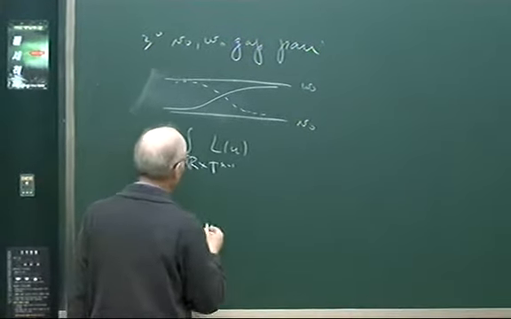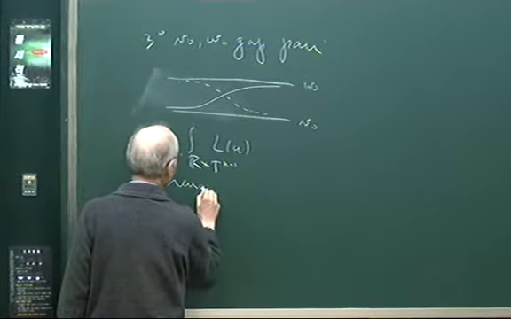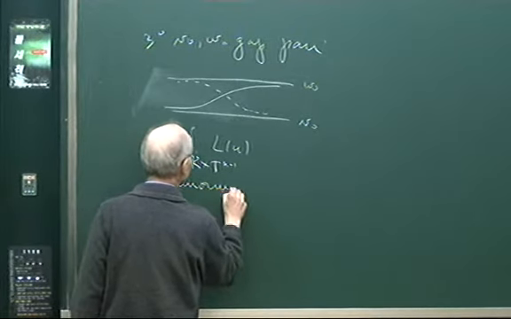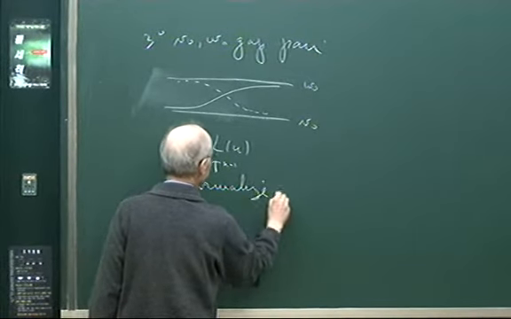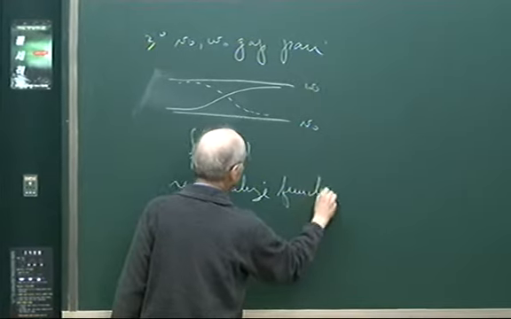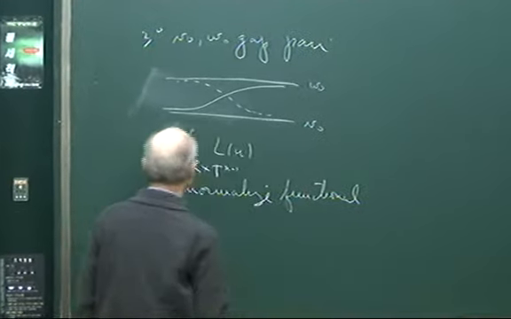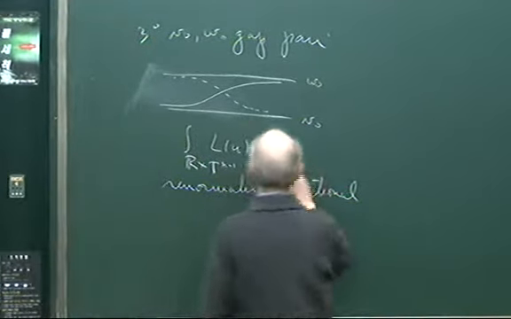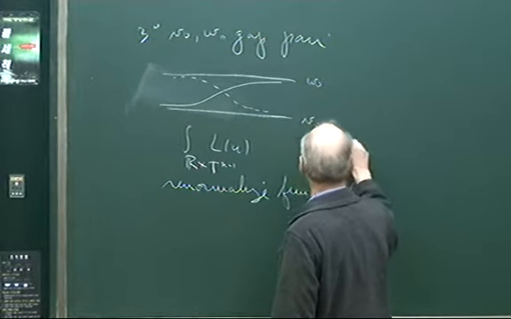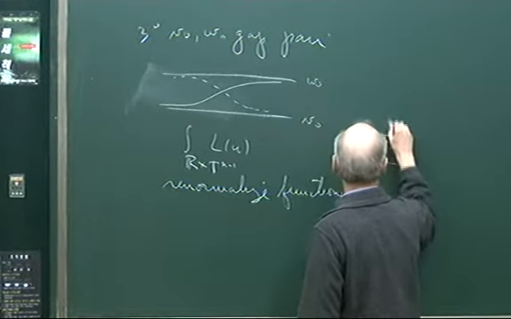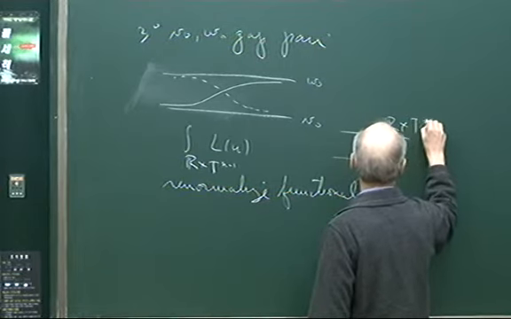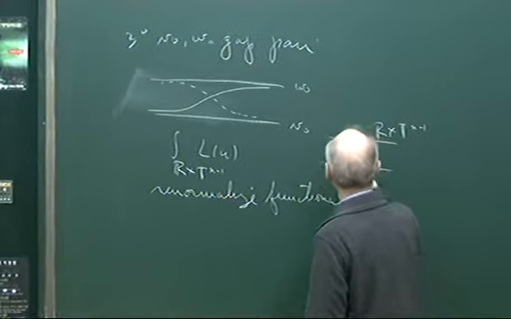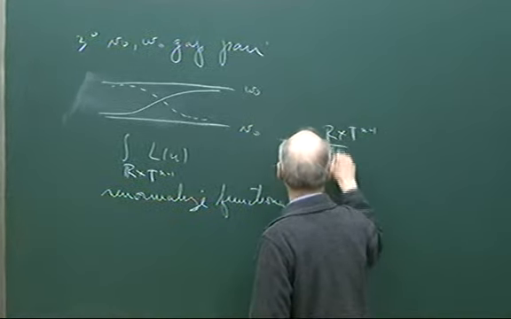Okay. And the way you renormalize, or a way to renormalize, is as follows. Let's take R cross Tn minus 1 and let's break it up into unit pieces.